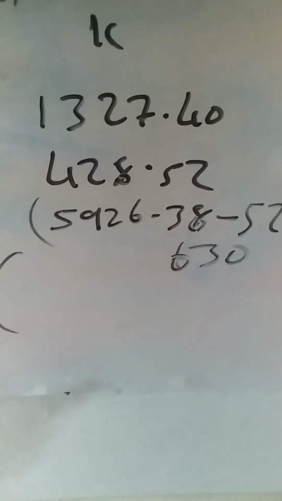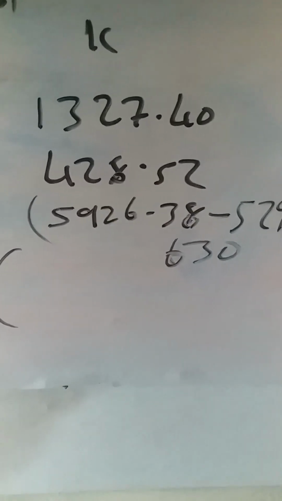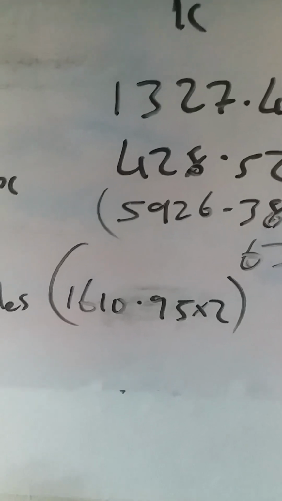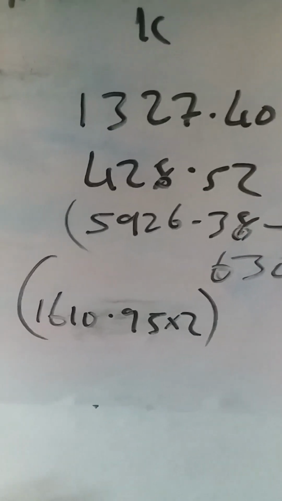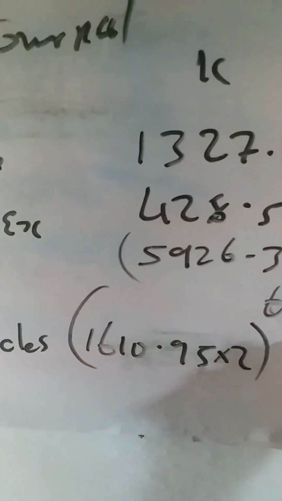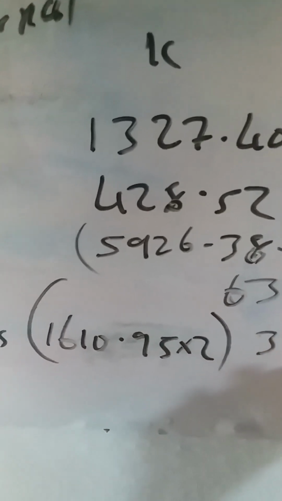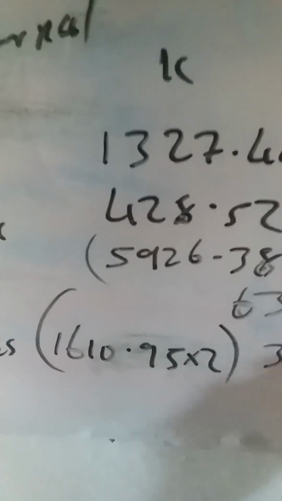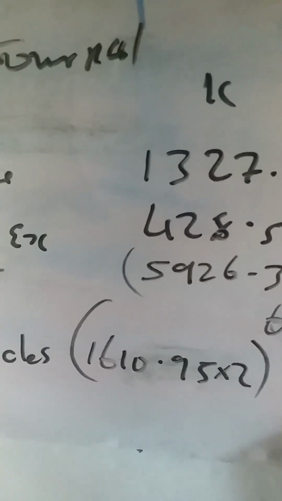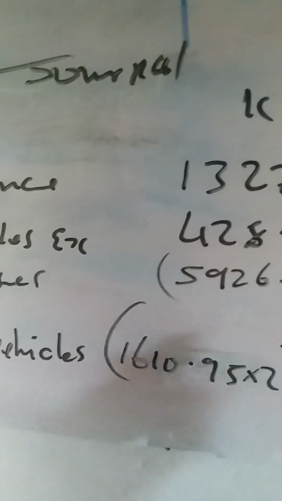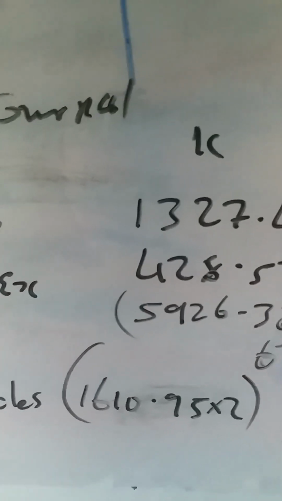Okay, so the amount we are multiplying by 2 is 1610.95 by 2. It will give us 3221.90. This is the amount we are now debiting in the motor vehicles account.